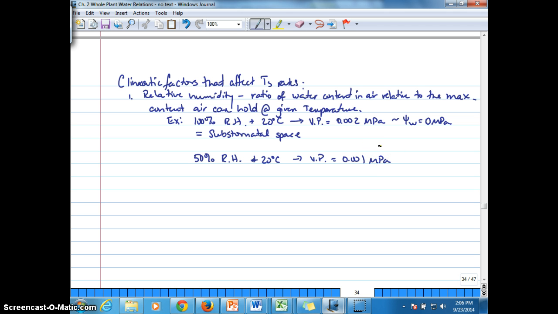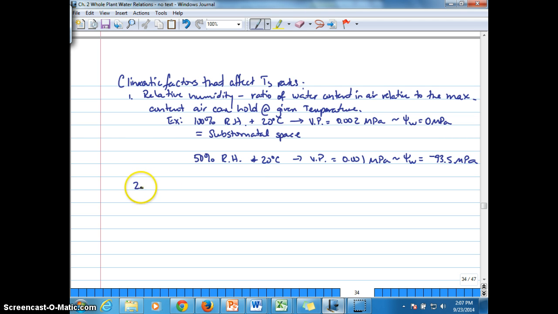So a bit drier air has a lower vapor pressure, and that's going to equal more or less a water potential of negative 93.5 megapascals. So there's a big water potential gradient here and a vapor pressure gradient from 0.002 to 0.001 megapascals. That means water vapor would diffuse out of the leaf into the atmosphere. Now that's given at the same temperature.